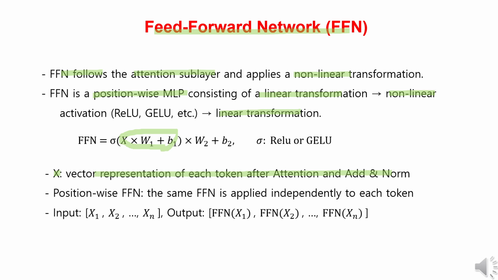Next, a nonlinear function such as ReLU or GLU is applied, allowing the model to learn complex relationships. Finally, another linear transformation is applied to produce the final output vector. This process is applied independently to each token. That is, if the inputs are x1, x2, the outputs are generated as FFN(x1), FFN(x2).